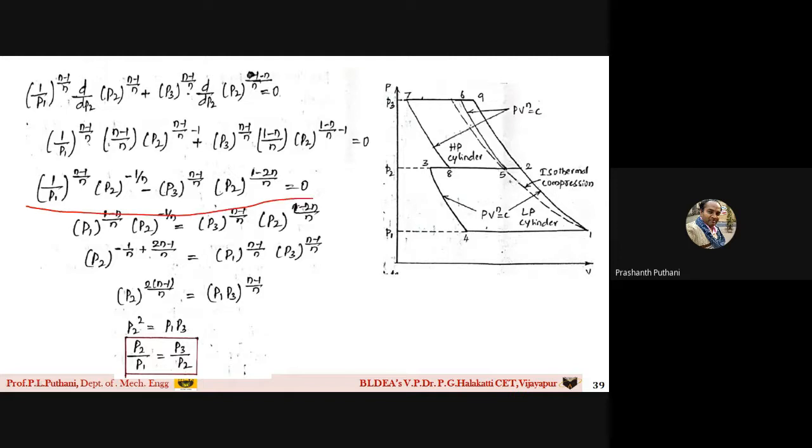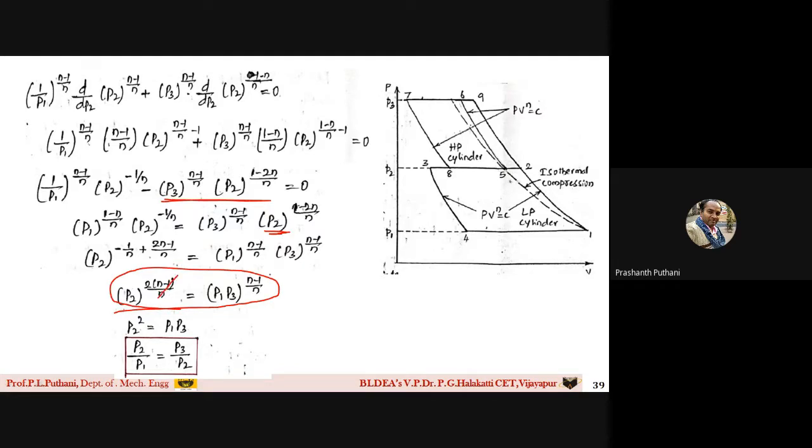You can see here. Now what I will do is, these terms I shift to the right hand side. And now whatever the pressure P2 terms are there, I shift to the other side, and P1 and P3 on the right hand side. So you can see here, on simplification, what do I get? I get in this form.